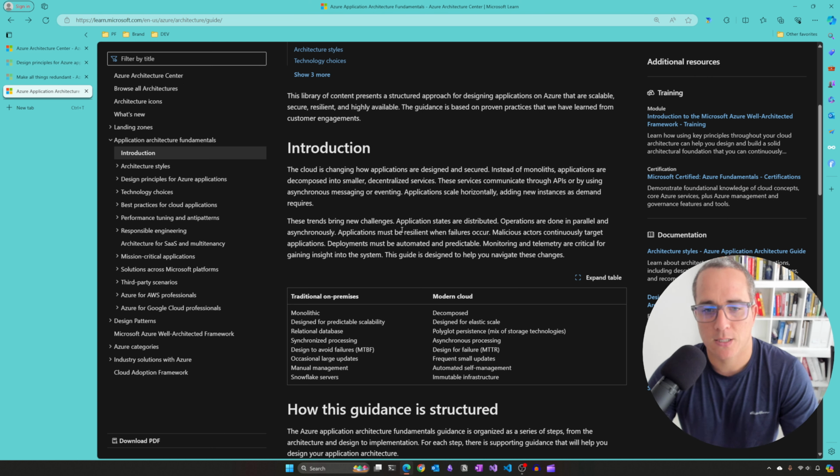So monoliths are now decomposed applications. Designing for predictability and scalability is what we now name designing for elasticity and scale.